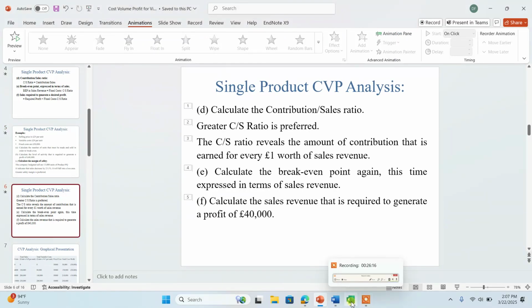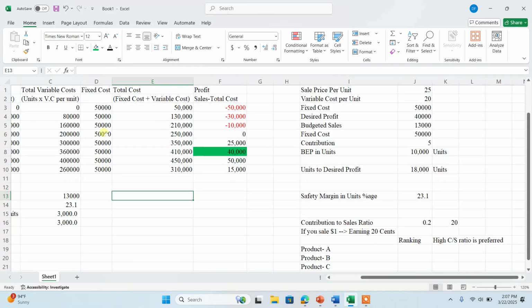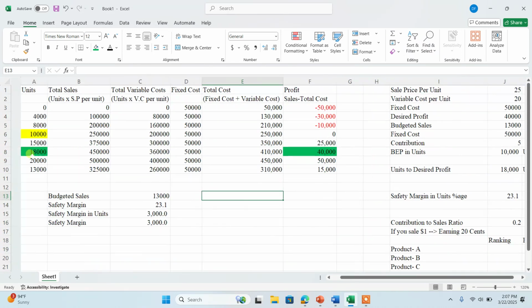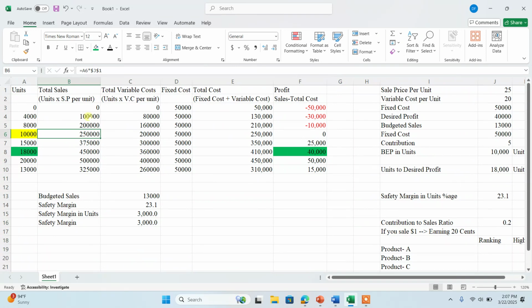In this case, we are actually finding out this value. This is the total sales at which my profit and loss is zero. Now, how do we find out this value?